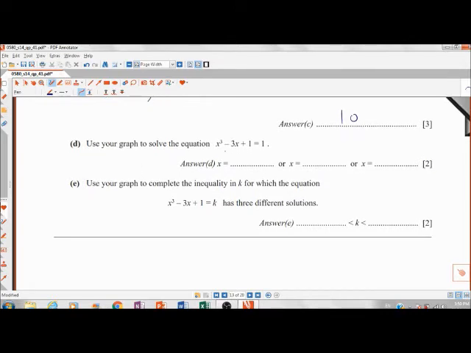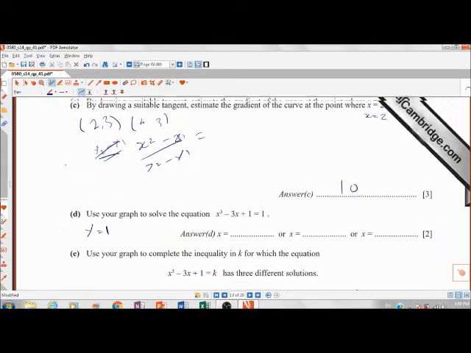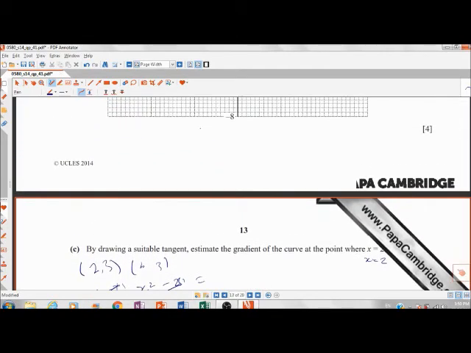So use the graph to solve the equation x cubed minus 3x plus 1. So this equation is exactly like the equation given above that we just drew, except that this equals 1 and that equals y. So the thing is here, y equals 1. So you go to the graph and you draw the line y equals 1.